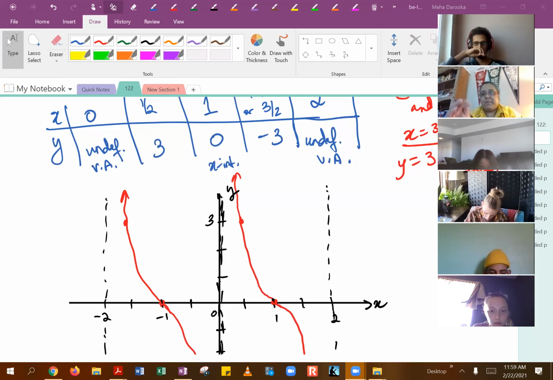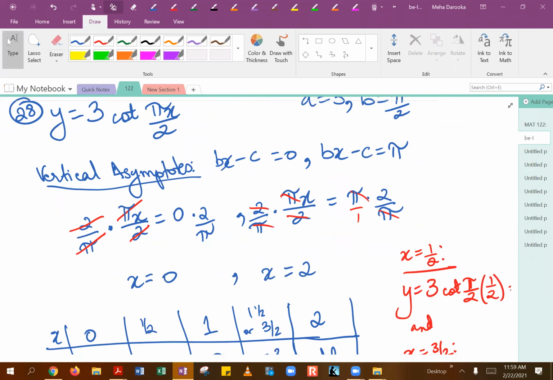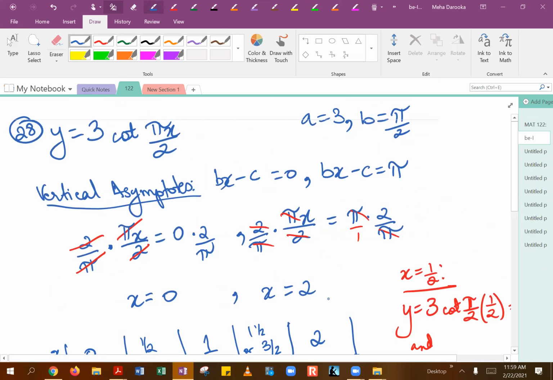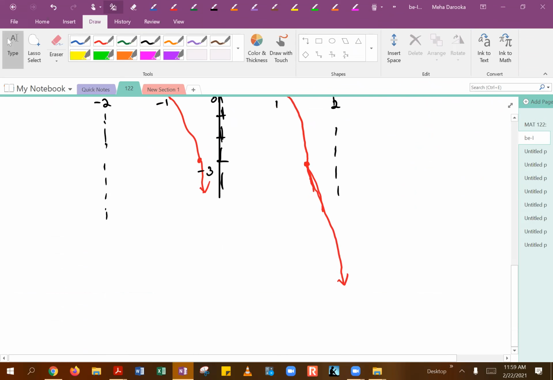So you're actually going to have a period of 2. You will see how our period changes in this example because of where your vertical asymptotes ended up. And of course, your b value was pi divided by 2, so it is actually increasing the period of our function. So this guy has a period of 2. Very nice, Abdulaziz.